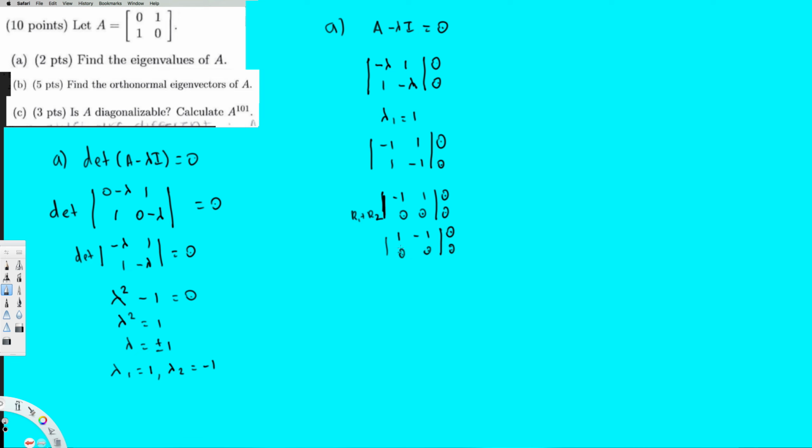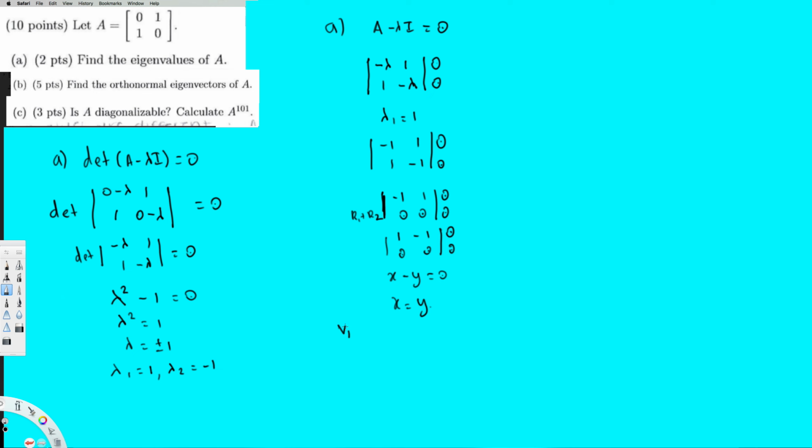Now I can write the equations. It's going to be x minus y is equal to 0. We know that y is the free variable because this column doesn't have any pivots. Therefore x is equal to y. I have to write everything in terms of the free variable. Therefore let's call the first eigenvector v1.